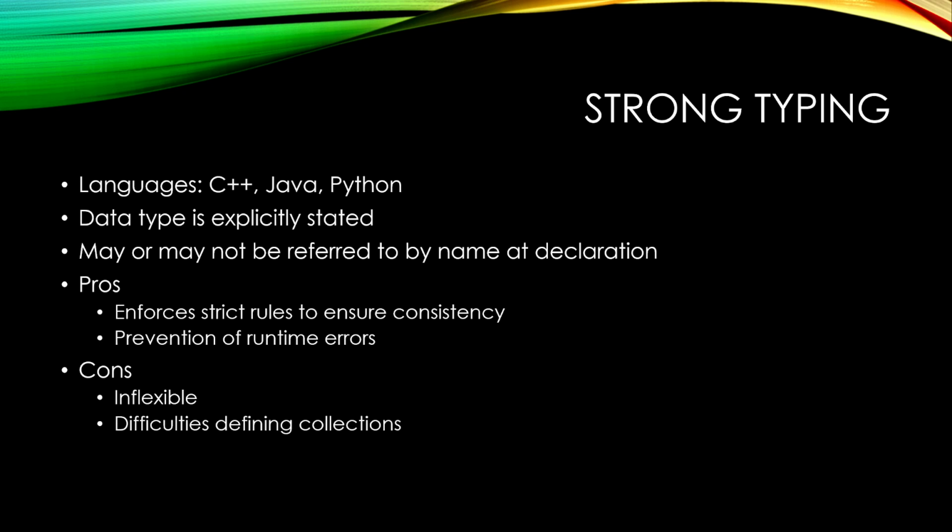On the other hand, in C++, everything, when it is initially declared, must be declared using its type. So if you want to declare an integer named x, it would be int x, optionally equals something.